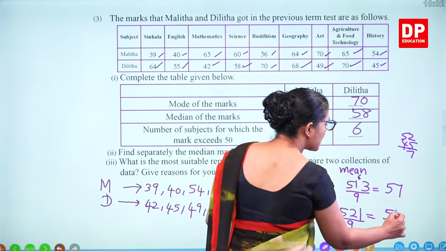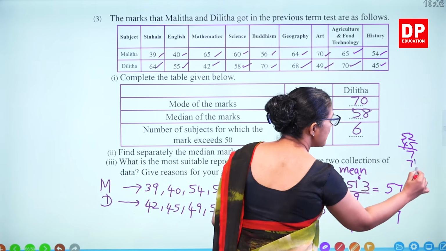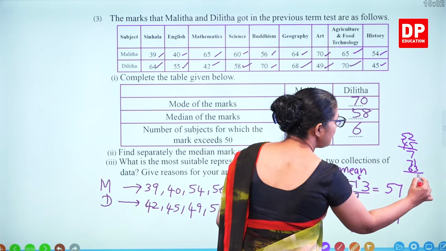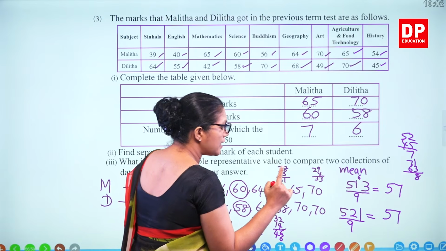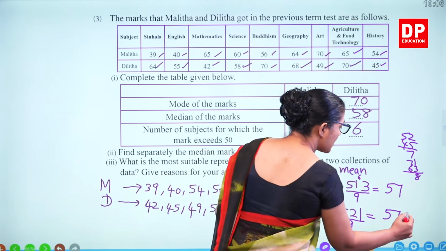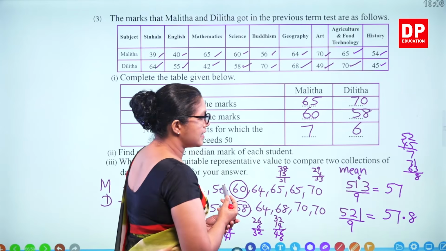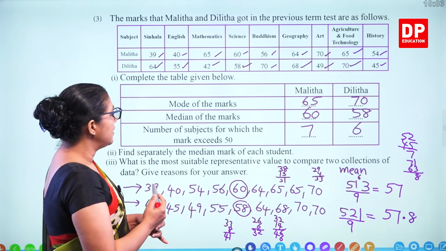So 9 times 7 is 63. 8 remaining. For 80, you get 9 times 8. So 57.8 is the mean value for Dilitha.